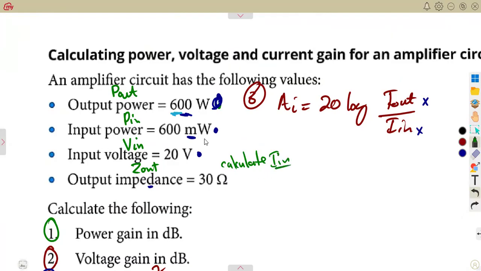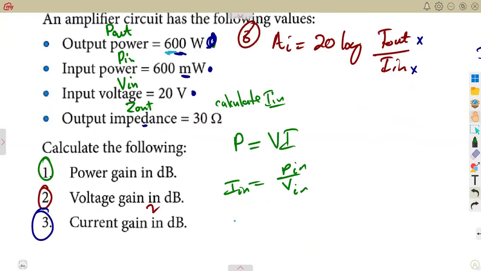So at the input, there is power, there is voltage. Remember, power is equal to voltage times current. So to calculate current, current is equal to what? Power over voltage. So this is the input current, this is the input power, the input voltage. Let's substitute our values.